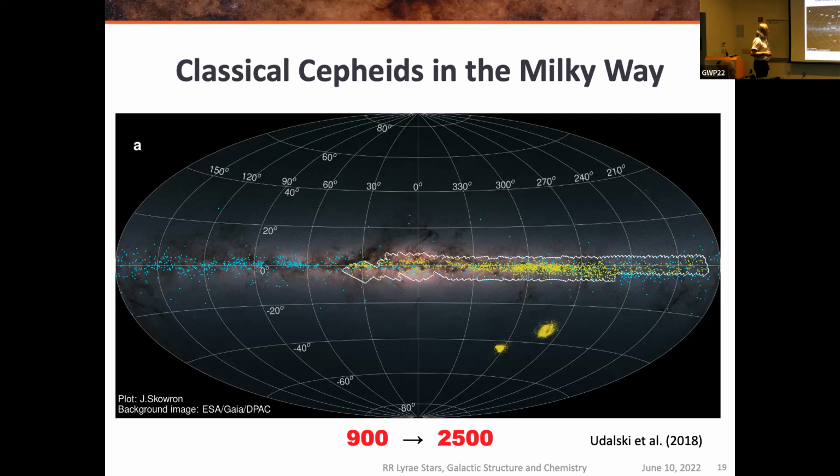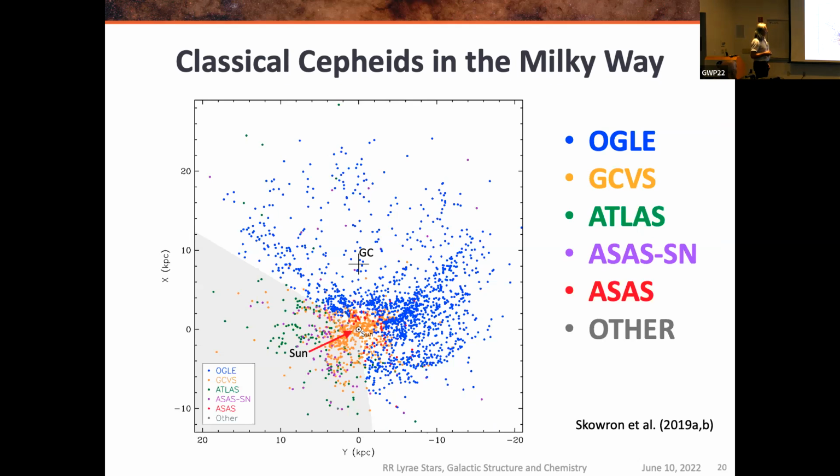These blue points are classical Cepheids detected in other databases from other projects. However, some of them were classified also by us, or the classification was verified by our astronomers. And we determined distances to each individual Cepheid using their mid-infrared observations and mid-infrared period-luminosity relations.